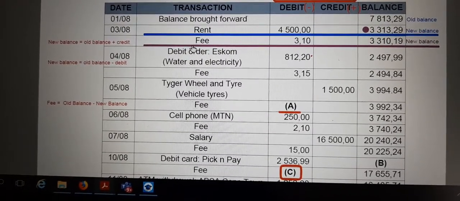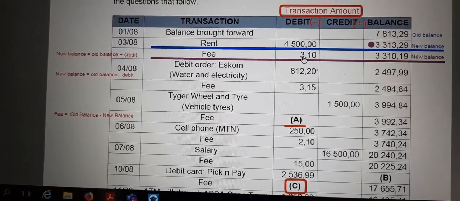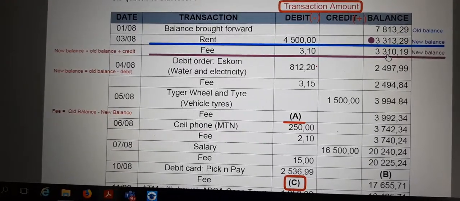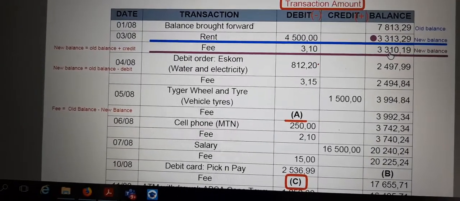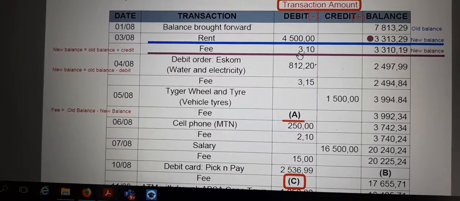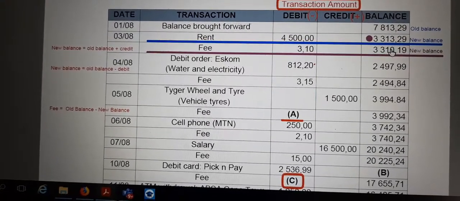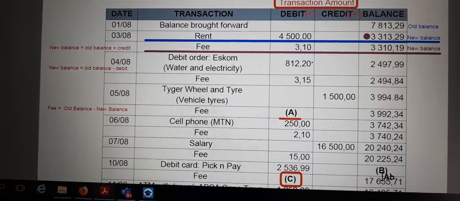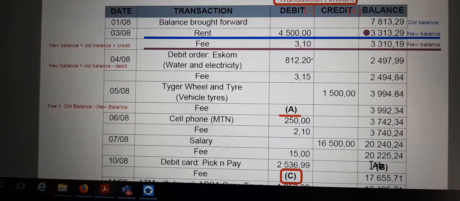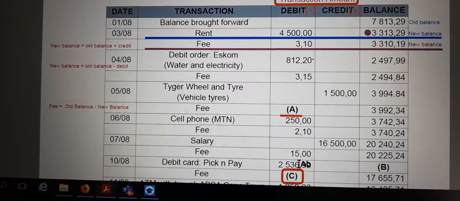Okay, that's my new balance. If I go to the next line, this is my transaction amount, it is a debit, and this is my new balance. To calculate this new balance, the formula is new balance is equal to old balance minus debit. You see, then you will be able to get the answer. So for example here, they are asking us for the new balance. The new balance is the old balance minus debit, because the debit I always minus.